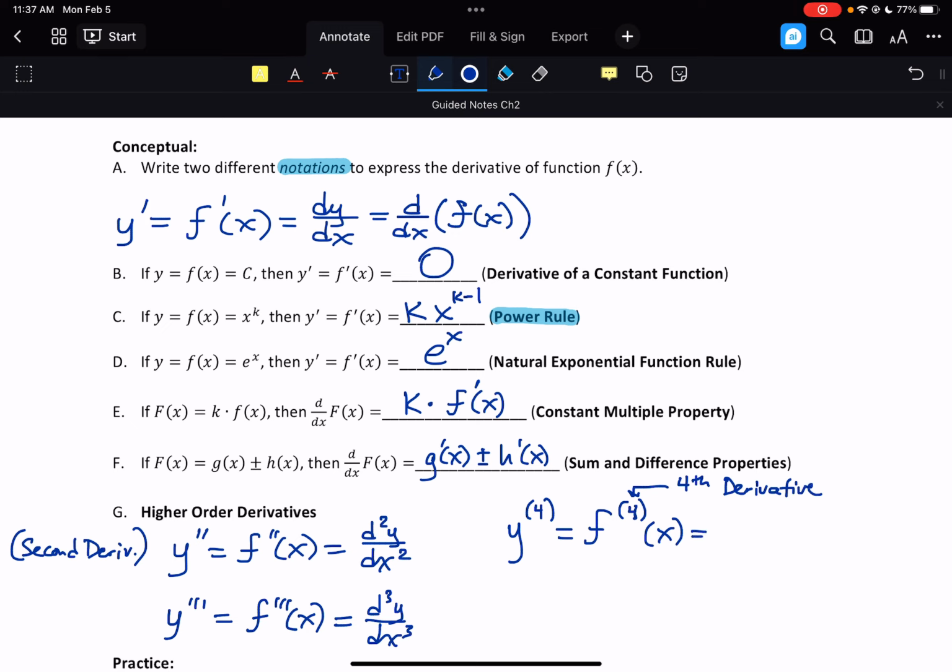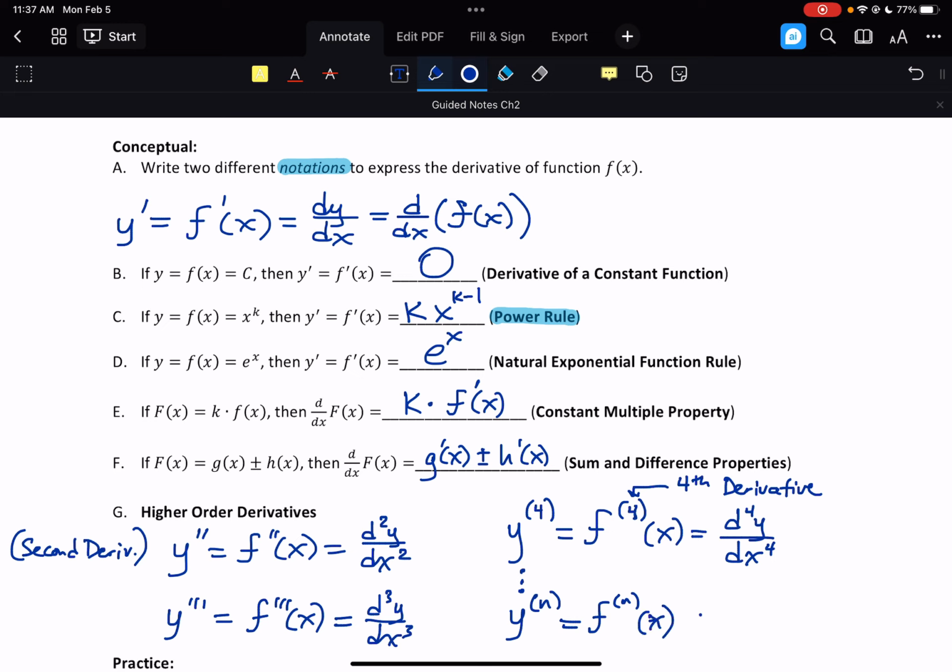Now, the one notation that does not change, that stays consistent, is the Leibniz notation. The Leibniz notation just keeps counting up no matter what. And if we were to keep this going, this could work for as many derivatives as we want. So we have the nth derivative here.